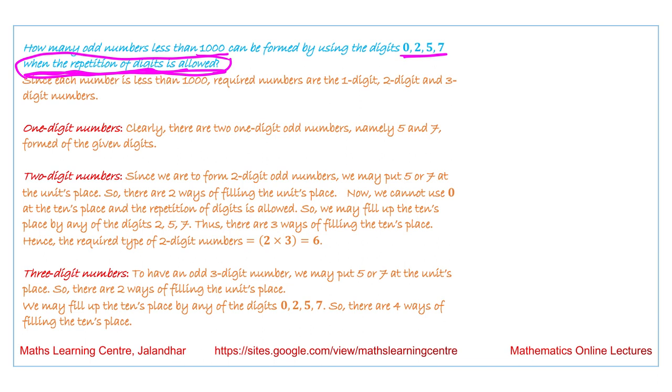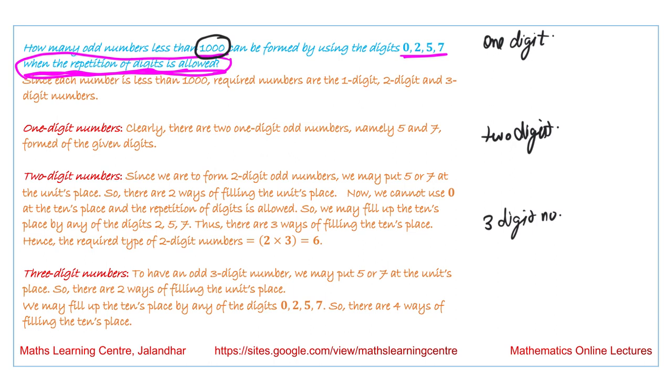We are saying the number should be less than 1000. It means the number can be a 1 digit number, it can be a 2 digit number, or it can be a 3 digit number.